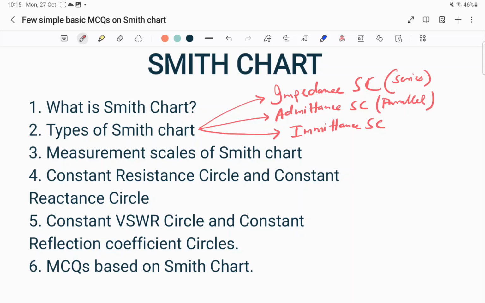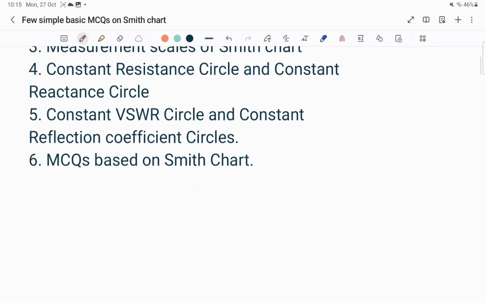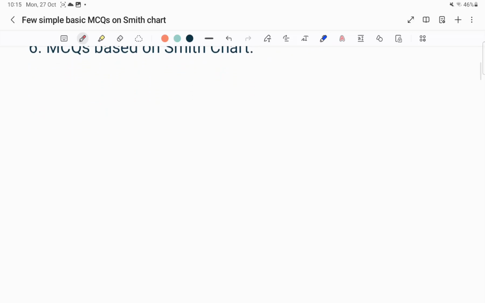Before moving on to the measurement scales of Smith chart, I would like to first talk about the normalized value of the impedance.